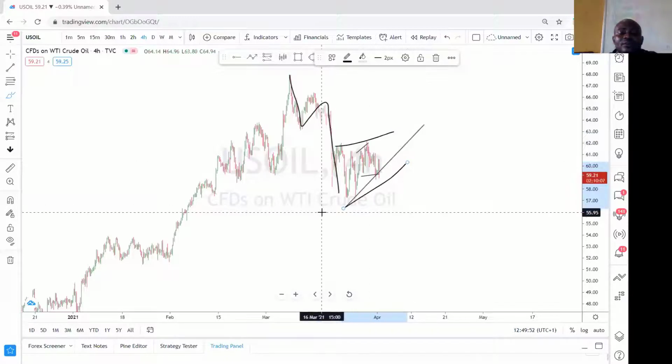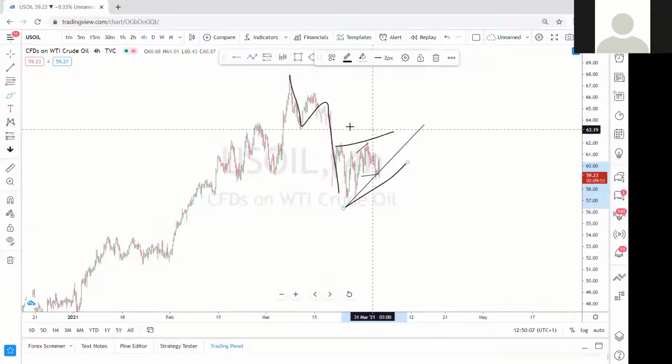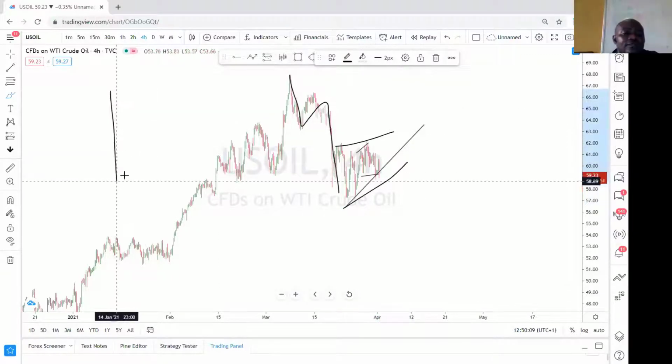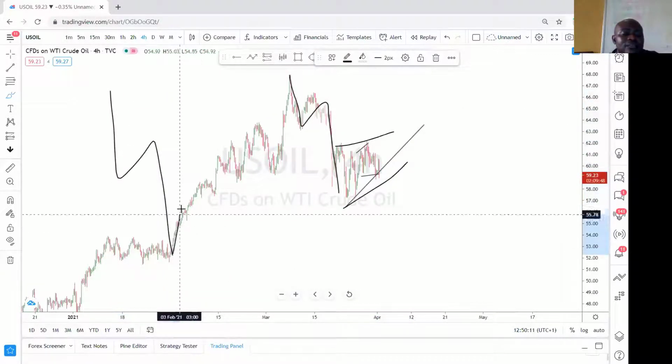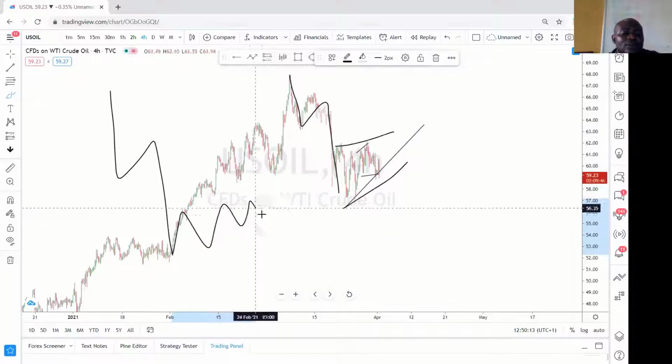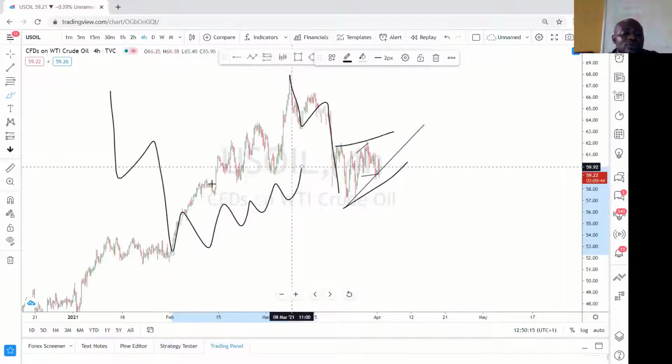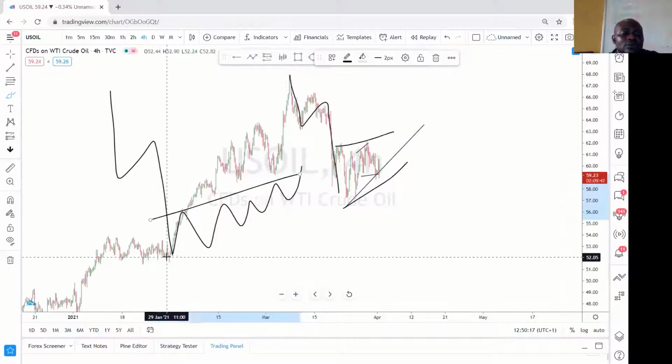Correcting upward or downward? Correcting downward. It just had this move and it's doing like this. Is it correcting upward or downward? It's upward. Correcting upward.